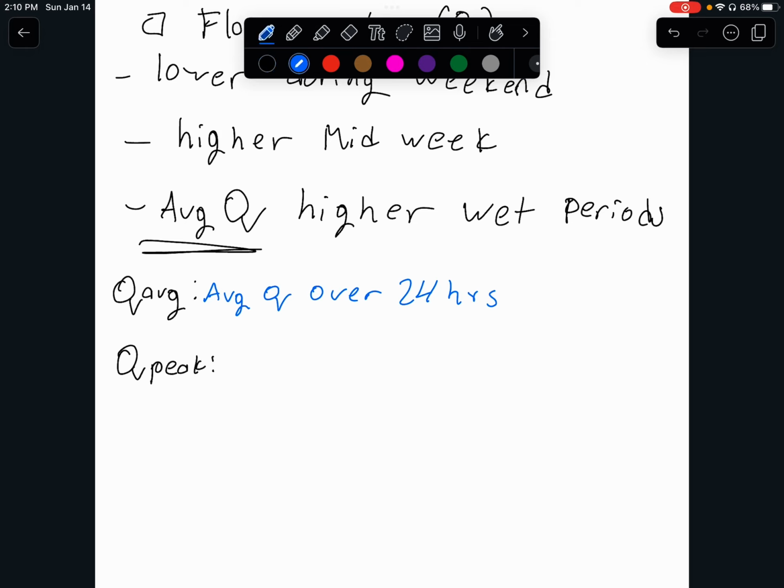So by hourly, the hourly flow rate is based on the peak hourly flow in the 24 hours, so a 24-hour period.